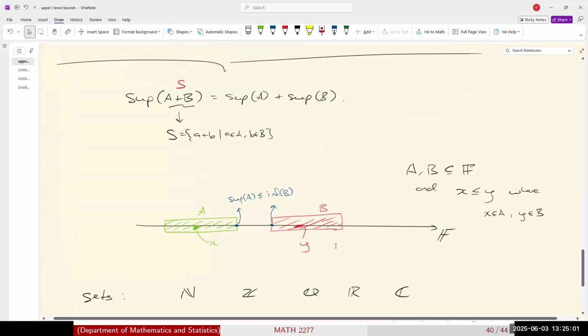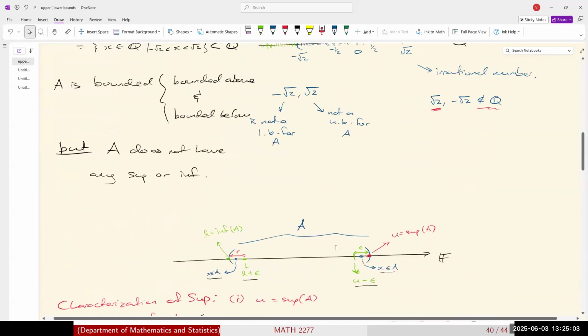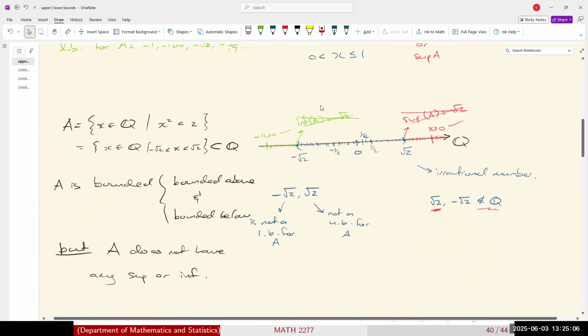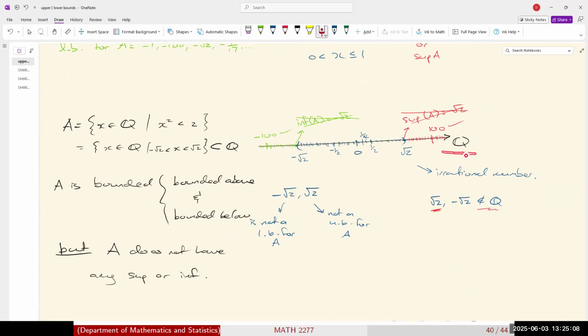So if we go back to this example where we had the rational numbers, right? This example with the rational numbers, and we looked at this set, the set of all rational numbers such that the square of it is less than 2, right? This set was bounded above, bounded below, but it did not have any supremum, and it does not have any infimum.